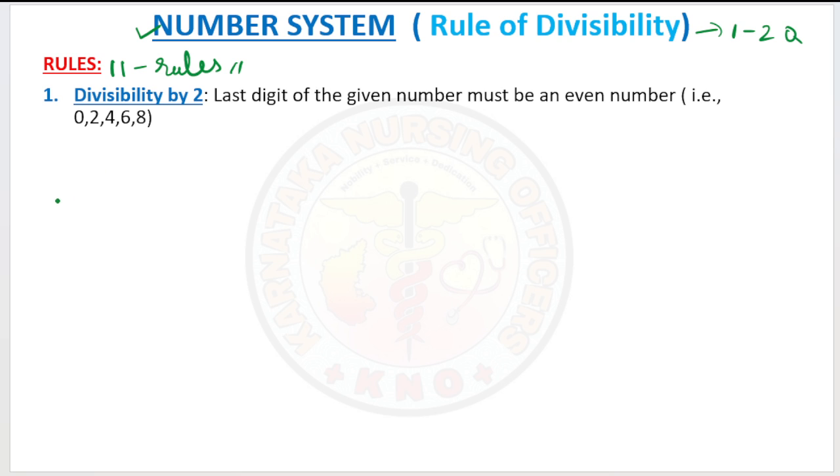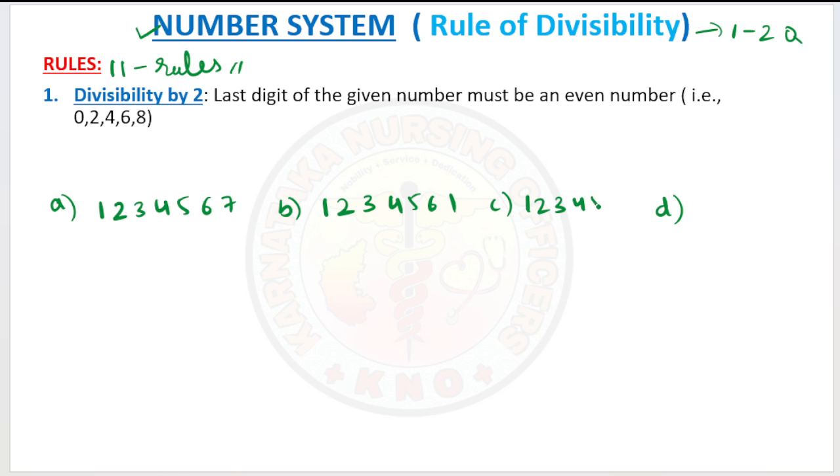They give 4 options A, B, C, D, and they give 4 numbers. Let us consider 1234567, 123456 1, 1234569, and 1234568.